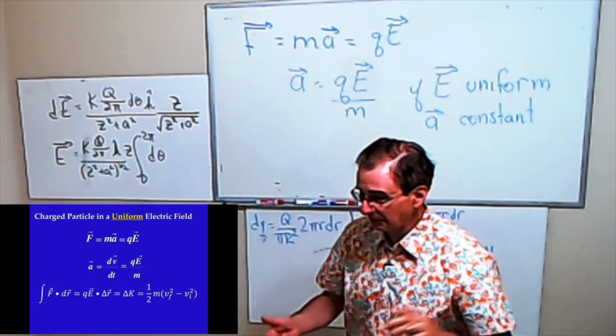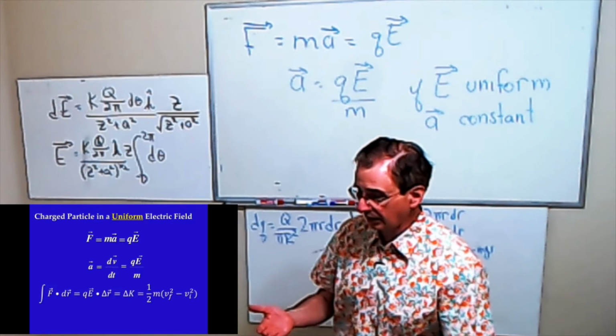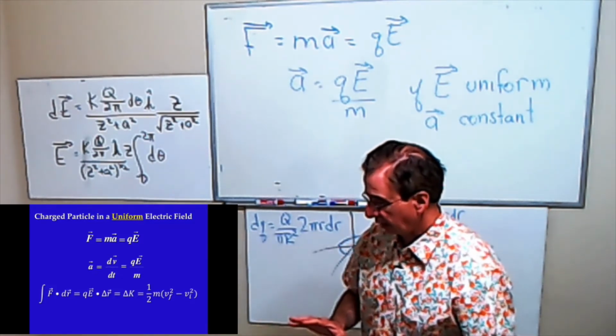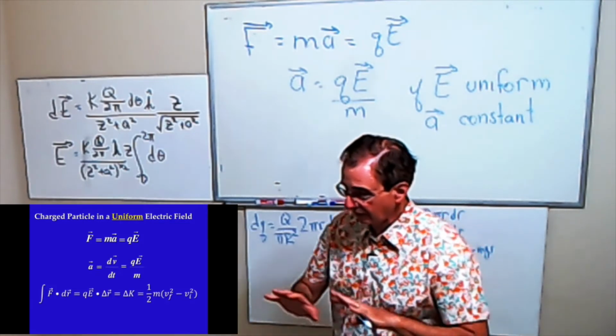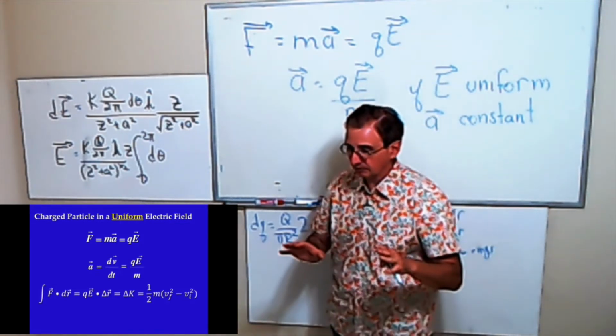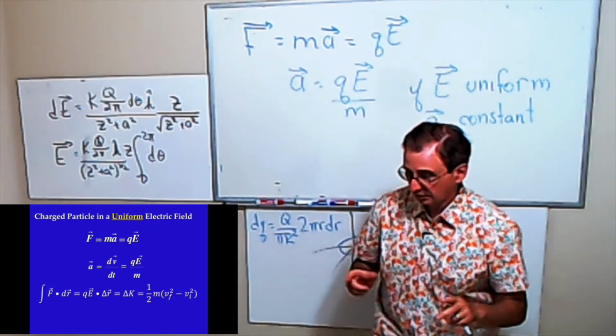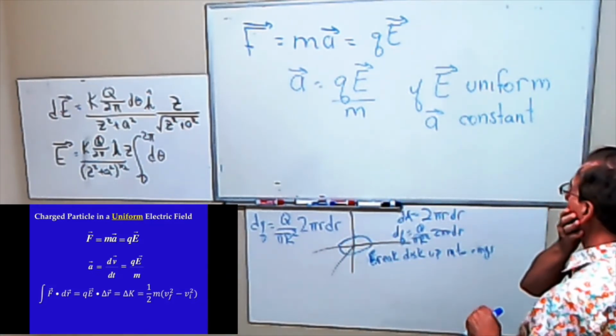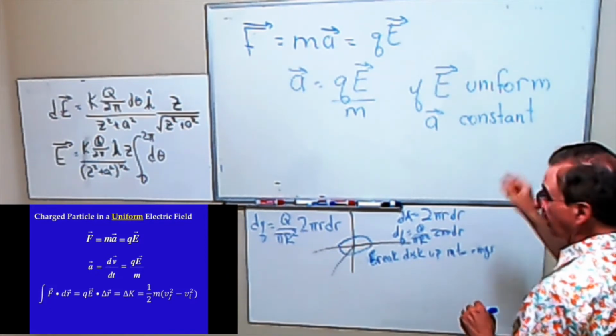Those are two different things. Time independent means the field doesn't depend on time. Uniform means it has the same value everywhere in space. So if E is uniform, a is constant.